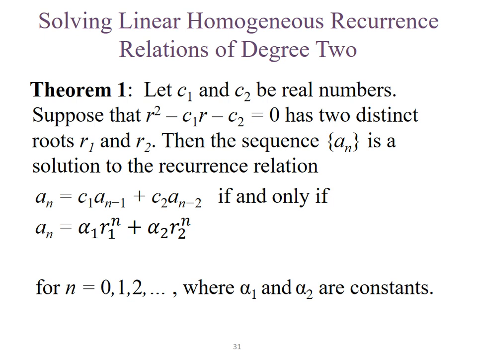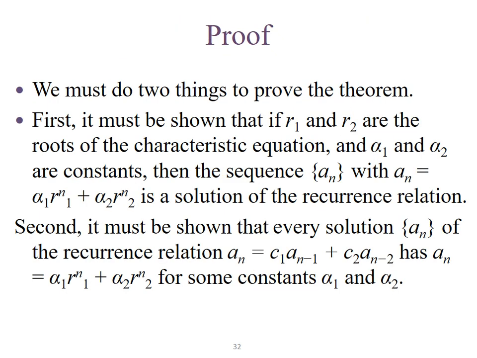So if you wonder why we can apply Theorem 1, then we need to prove this theorem. We must do two things to prove the fact. The first thing is we need to show that if r1 and r2 are the characteristic roots of the equation, and we have two constants alpha 1 and alpha 2, then the sequence a_n, which is alpha 1 times r1 to the power of n plus alpha 2 times r2 to the power of n, is a solution for this recurrence relation.